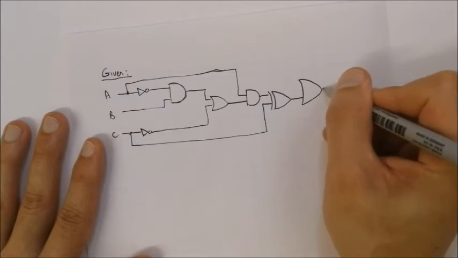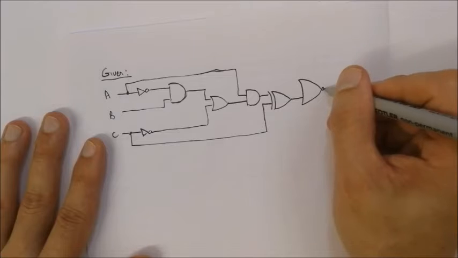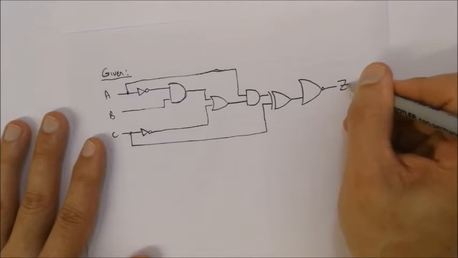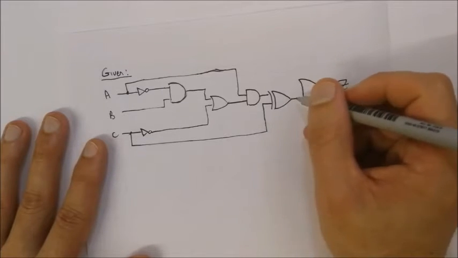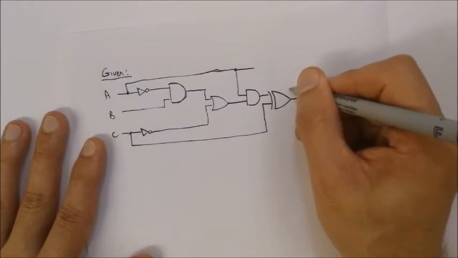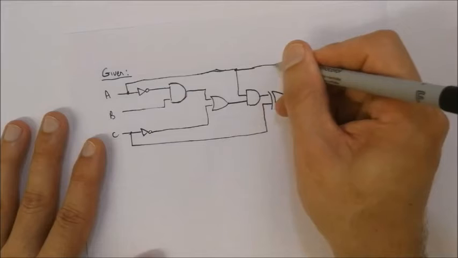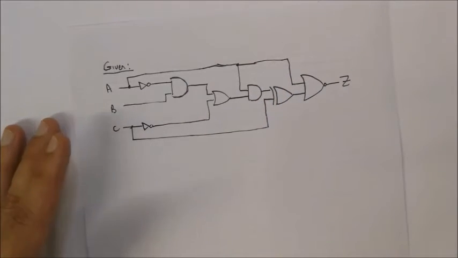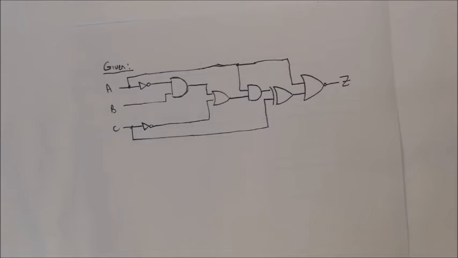Our other input will also be A. I'll tap off from there and make it come across. So as you can see, it's like a circuit diagram we're essentially drawing. Okay, so let's say you are given that.